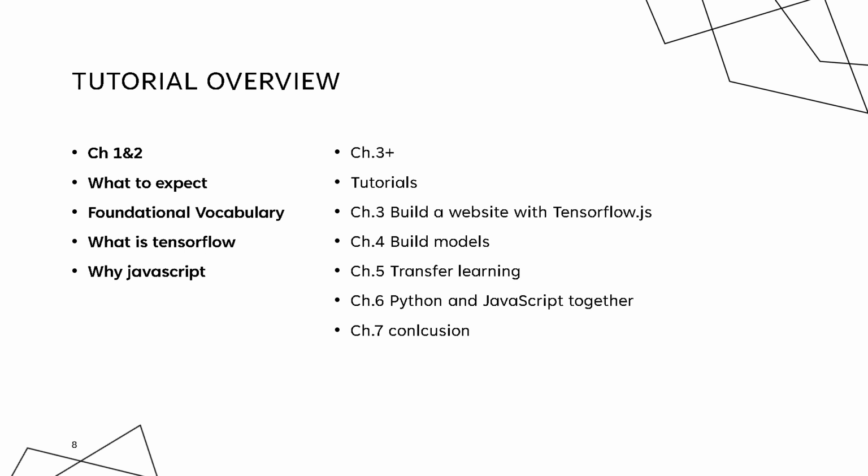So in chapter 3, we're building a website with TensorFlow.js. In chapter 4, it's building models. And in chapter 5, it's transfer learning from one model that's pre-trained to a new model so that you can use it better. Chapter 6 is Python and JavaScript together, how to use them together, and interchange between them. And then chapter 7 is a conclusion.